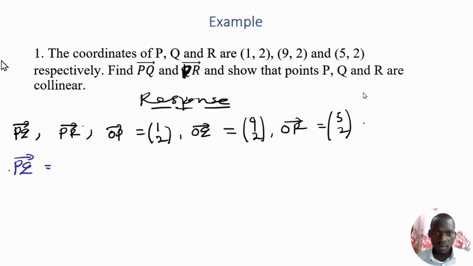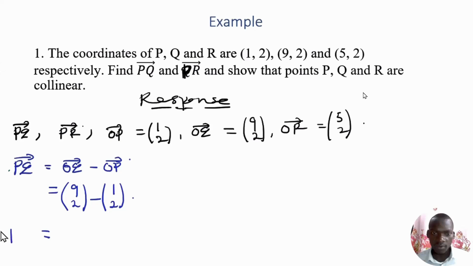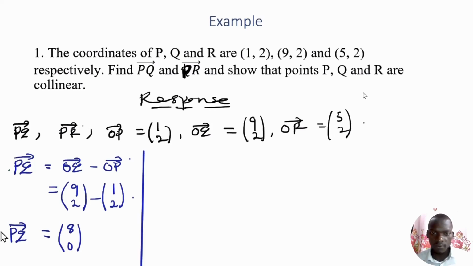Vector PQ is the same as position vector OQ minus position vector OP, so we have OQ, which is (9, 2), minus OP, which is (1, 2). As we simplify this, vector PQ equals 9 minus 1 is 8, then 2 minus 2 is 0. So that is our value for vector PQ.